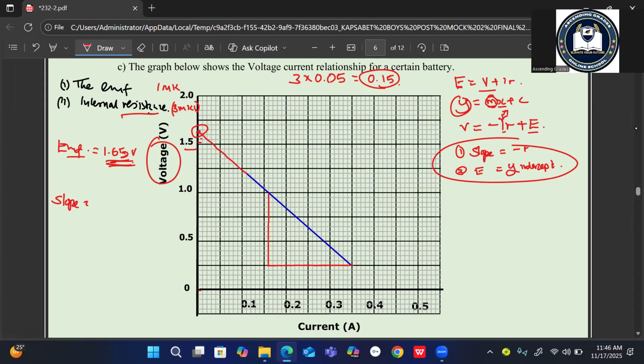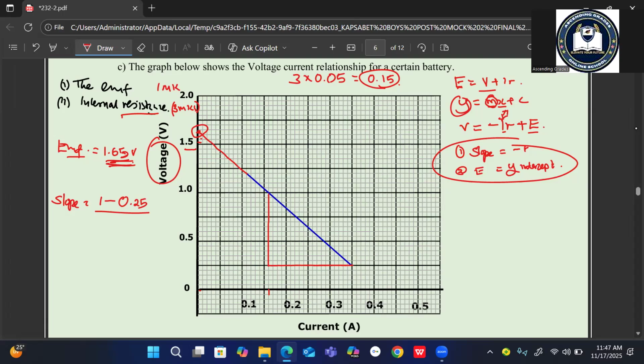will be, this is value of 1 minus value of 0.25, then over, this is supposed to be 0.15.